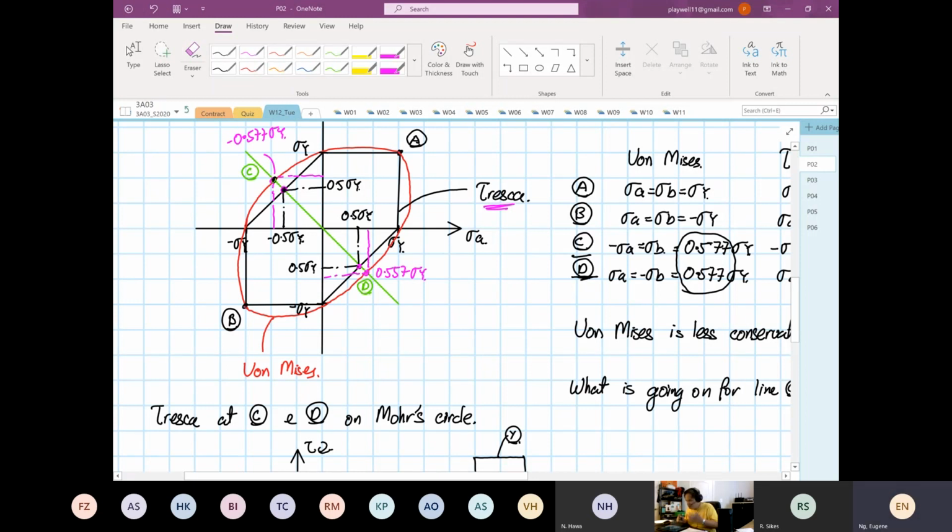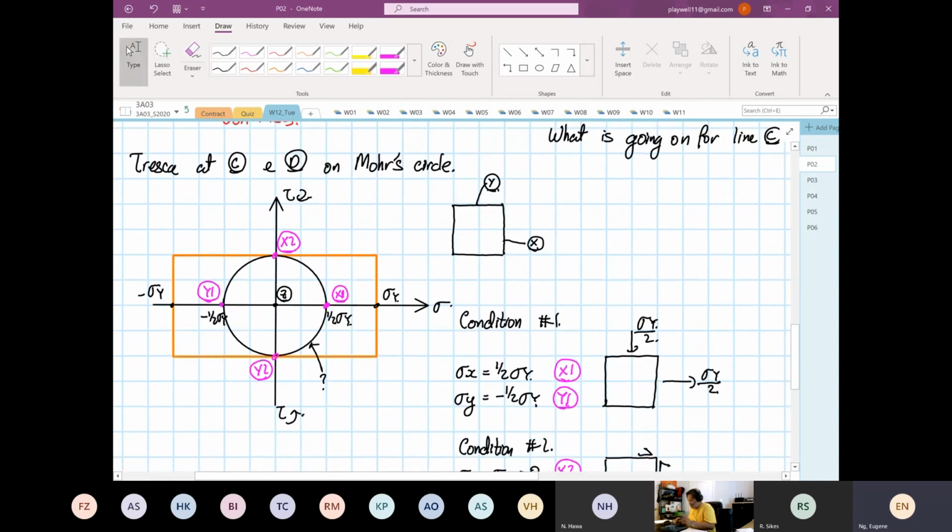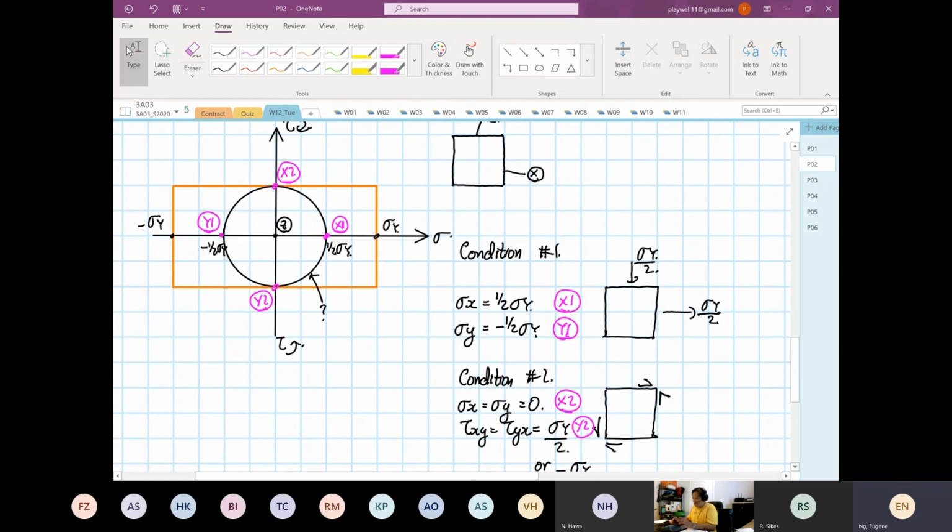Now, why 0.577? So very important, there are two conditions where the circle will look exactly like this.